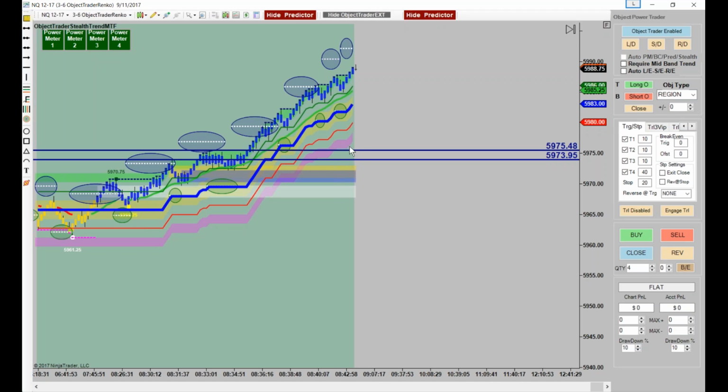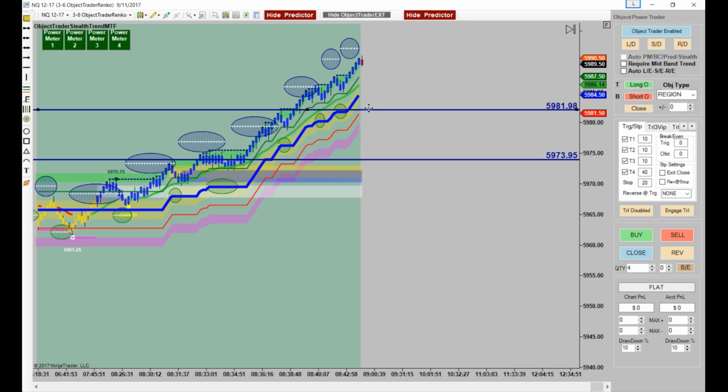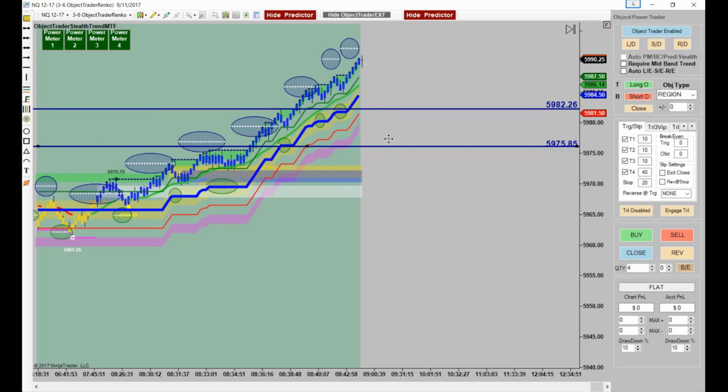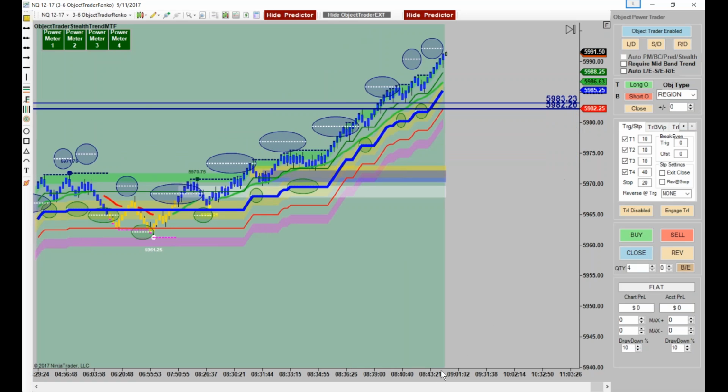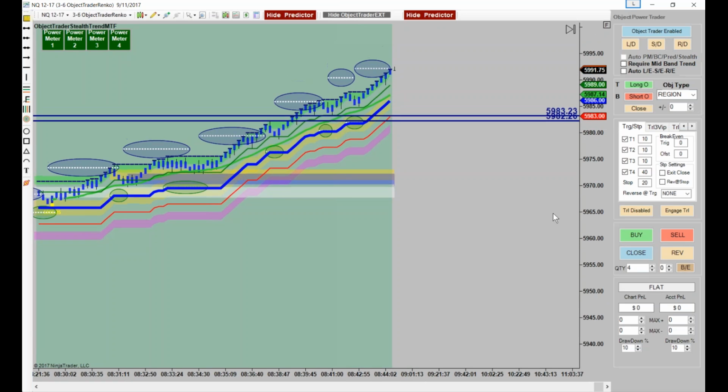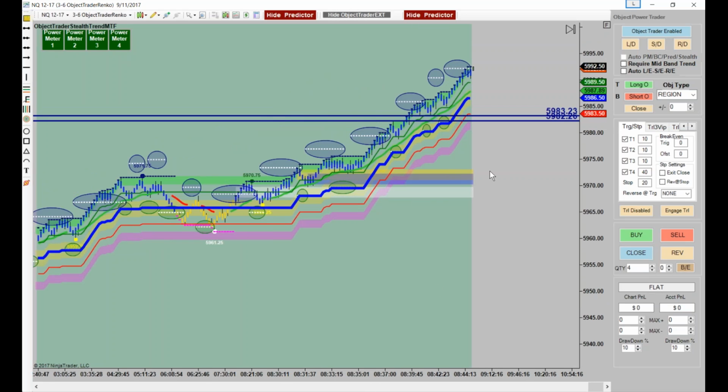Now I would be looking for right in through here and here. Let's see if we can get it. Now keep in mind, we missed an entire run, but we called this trade in the room.